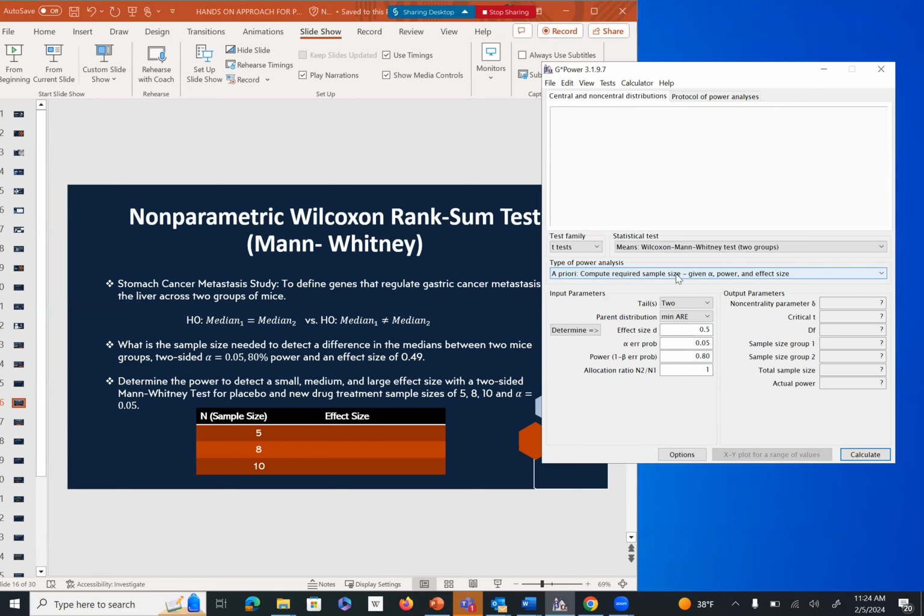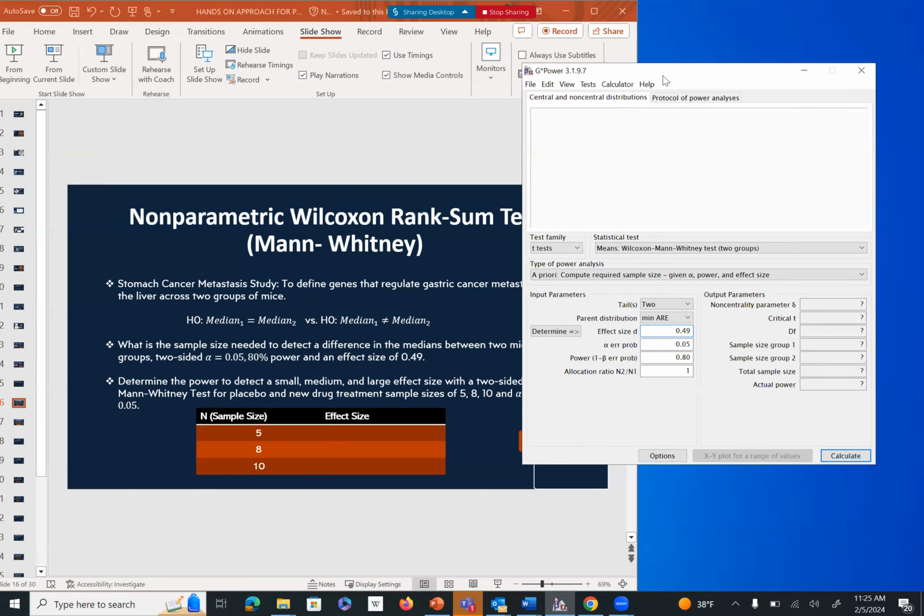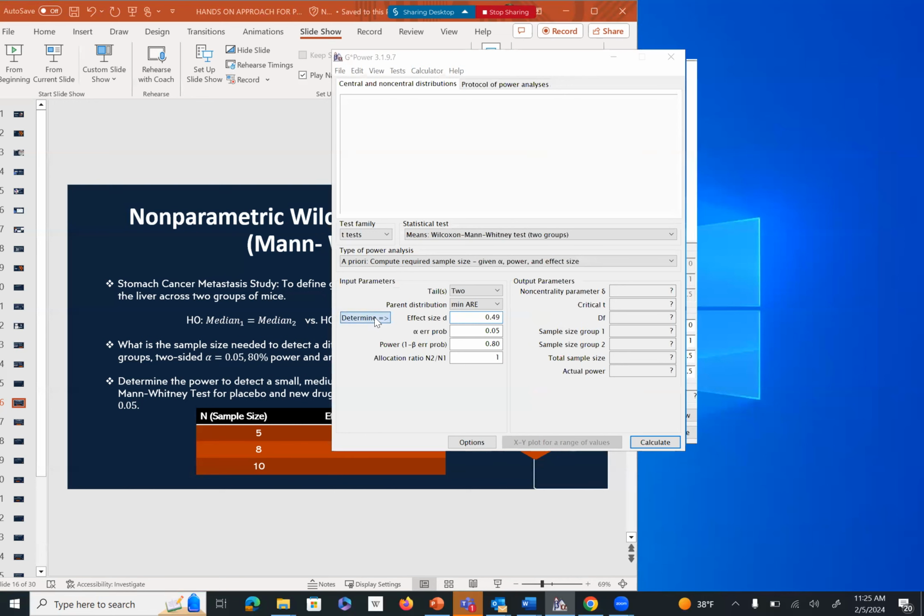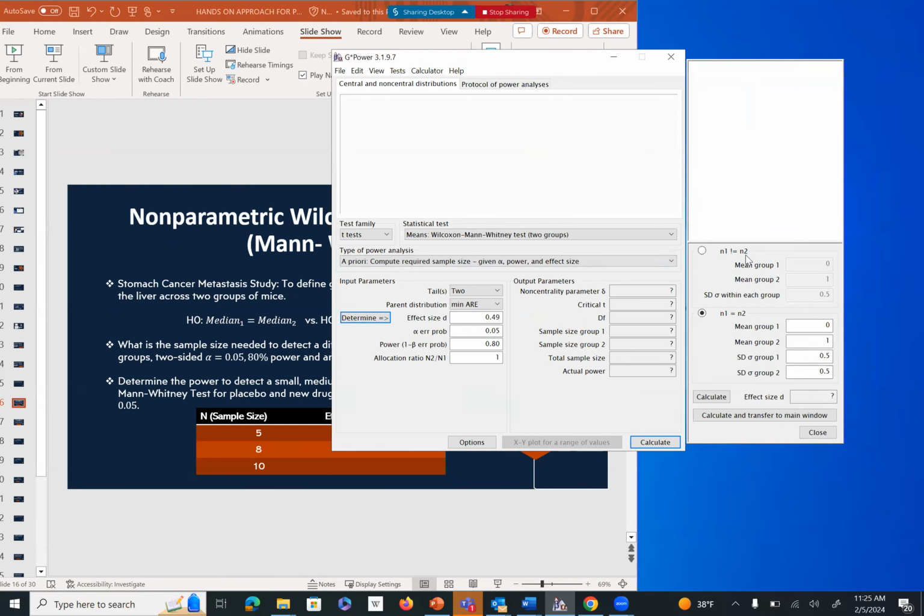So if we're looking to calculate the sample size, we have given alpha, we have our power, and we have our effect size already given to us. I use the parent distribution of min-ARE because it provides us with the most conservative results. And then for effect size, since I already have the effect size information, I use 0.49 here. However, you can also calculate your effect size based off of prior literature.